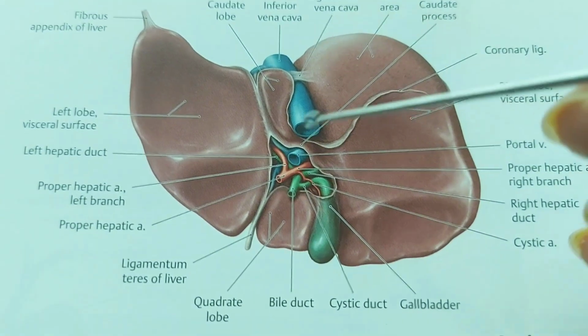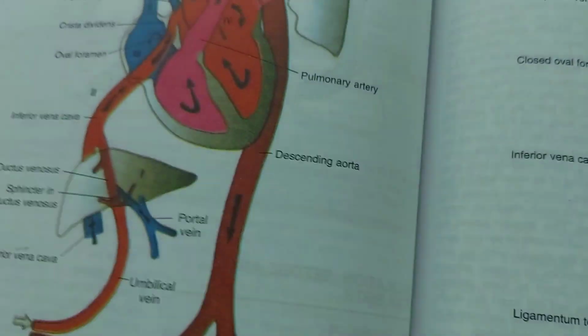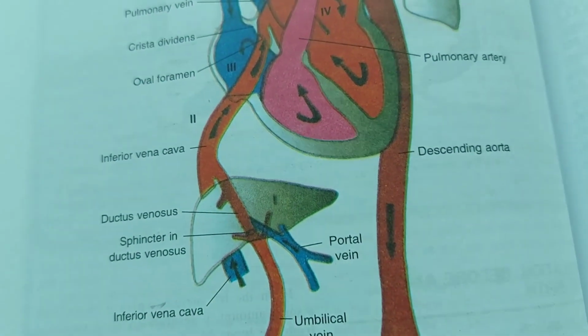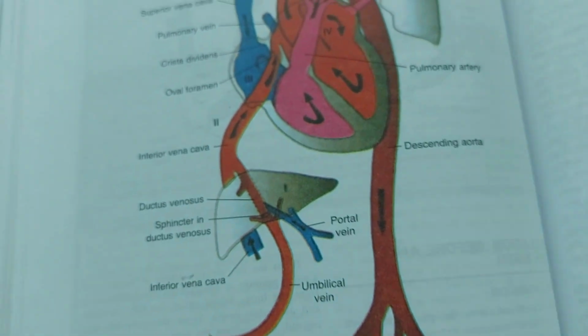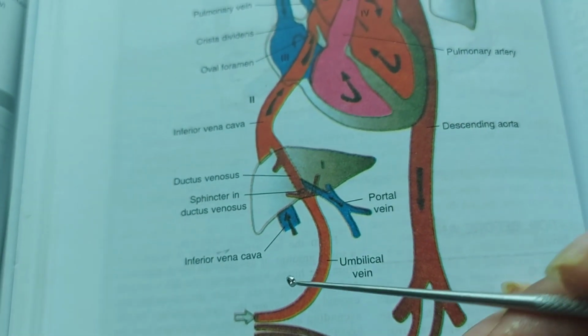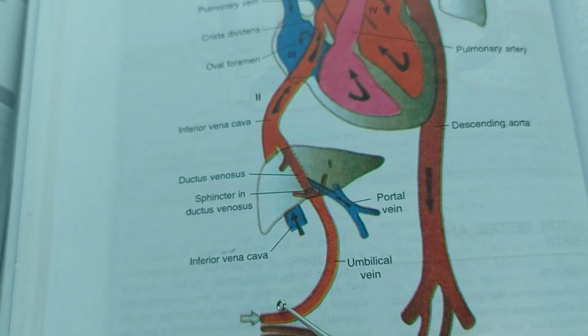of the embryonic structure. Here we can see the fetal circulation. During the fetal life, the fetus gets its nutrients and oxygen from the mother through the umbilical vein.